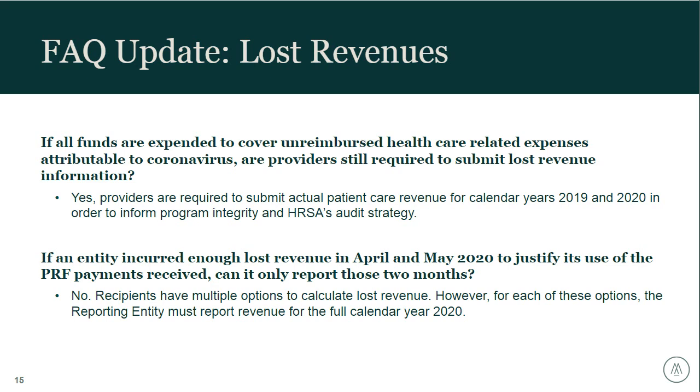And HHS's answer is no. The intent with the reporting component of the PRF is to look at the entirety of the calendar year of 2020. So that will be capturing revenue for all of 2020, and then whichever lost revenue method you're going to use, whether that be the budget to actual, actual to actual, or some other reasonable method, that will be looking at the entirety of the year for that.